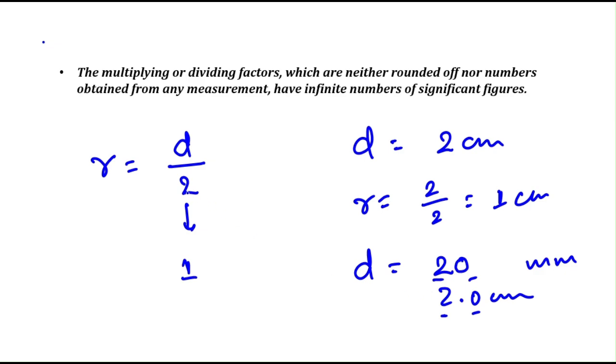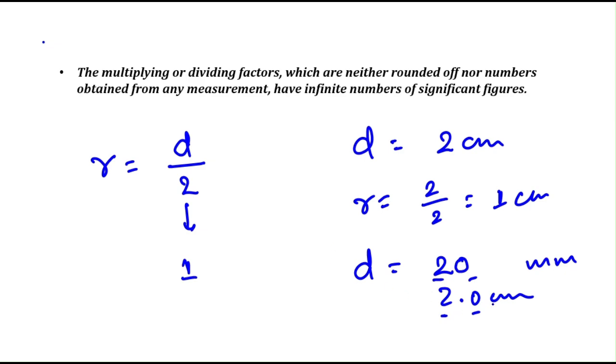And if you are dividing this value by 2, which has only one significant figure as you considered earlier, then at the end, we are going to discuss those things after arithmetic operation, how many significant figures we have to retain and what are the rules for retaining the number of significant figures.